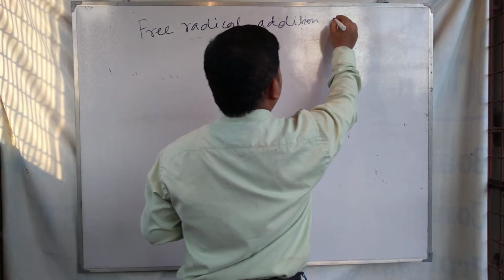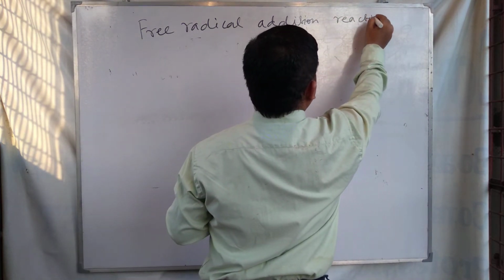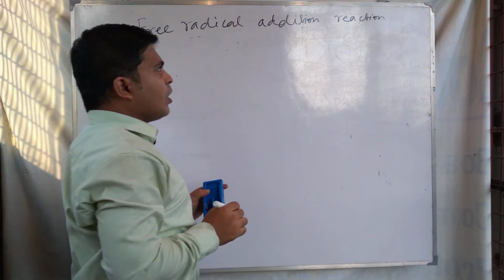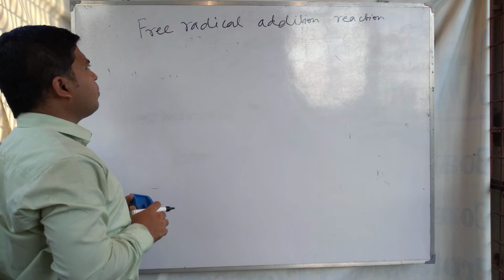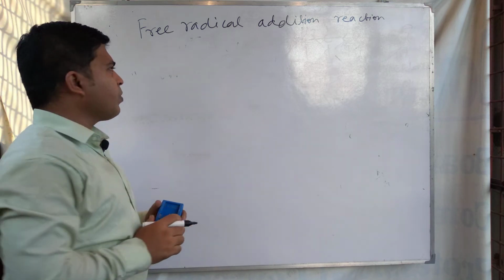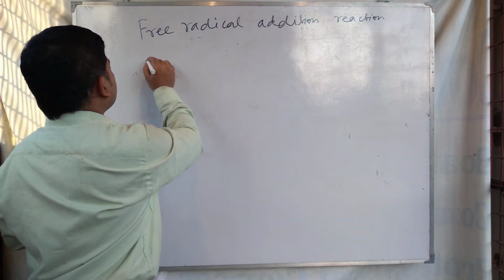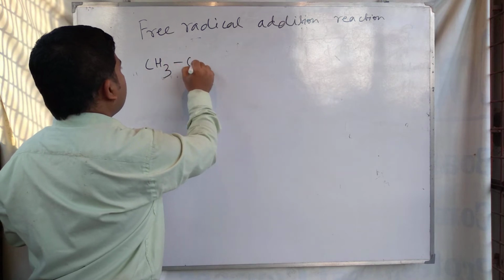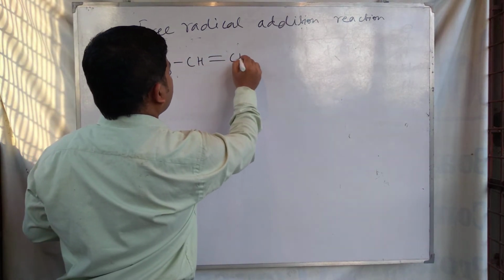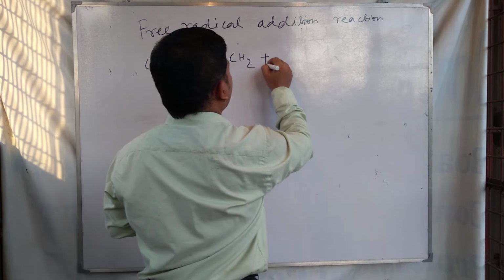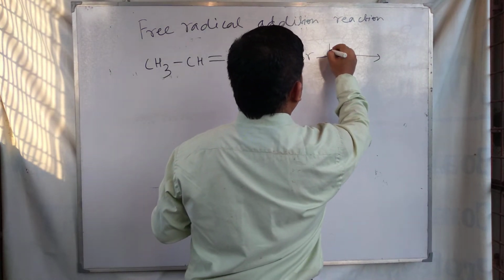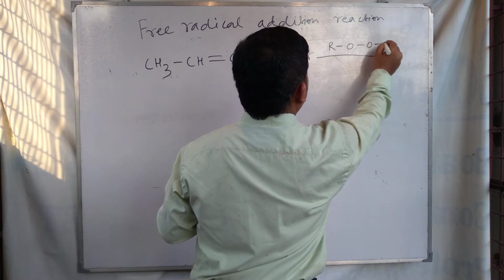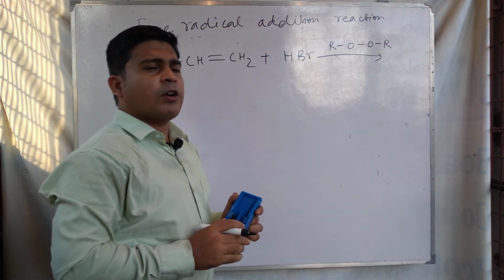Free radical addition reaction is a type of addition reaction that proceeds with a radical. As for example, CH3CH=CH2 in presence of HBr and any organic peroxide, suppose benzoyl peroxide.